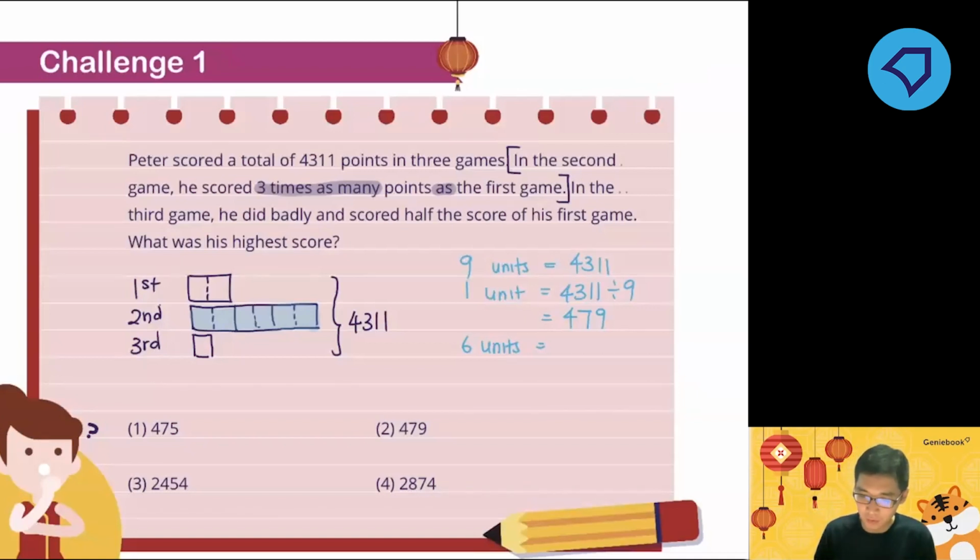In the model, there are 6 units. So that will be 479 multiplied by 6. So again, if you have done your multiplication correctly, the answer is 2,874.